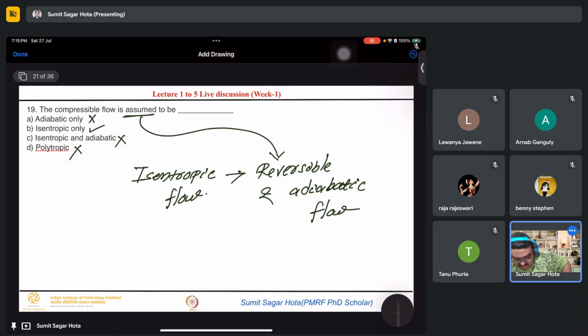So any kind of compressible flow, we are assuming it as isentropic. It does not mean it is actually isentropic; we are putting on an assumption. It is a basic assumption for any kind of compressible flow, because in aircraft we are dealing with compressible flows, and for these it is assumed to be isentropic flow.